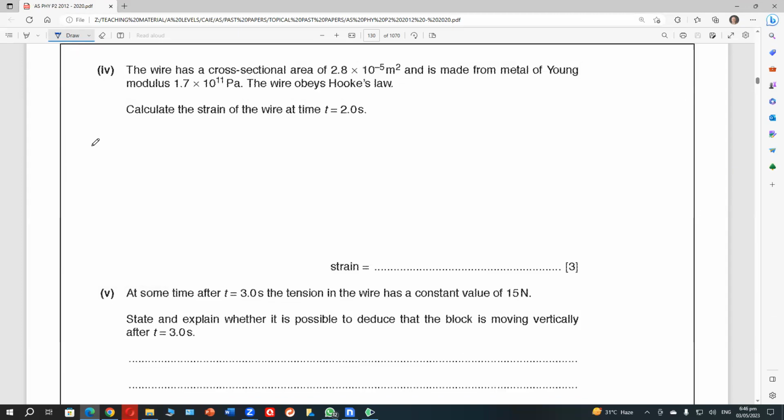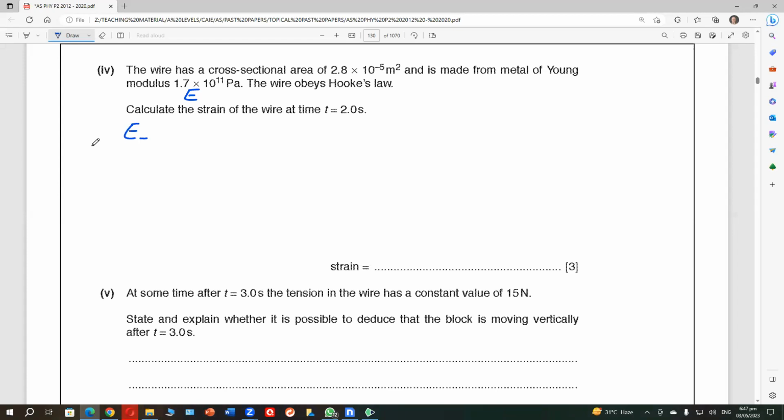The wire has a cross-sectional area of this much square meters and is made from metal of this Young modulus. Calculate the strain. Now we can think about a formula.